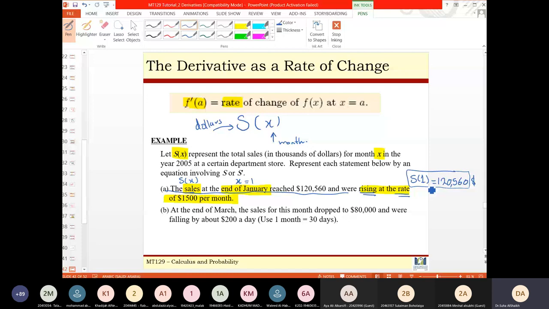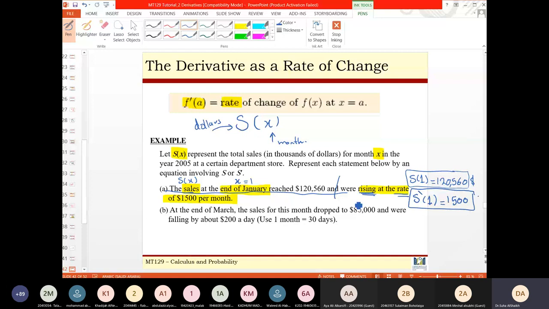Another statement is that it was raising at a rate. Raising means it is going up, it's increasing. And the word rate means the derivative. This means S dash at January was plus 1,500.